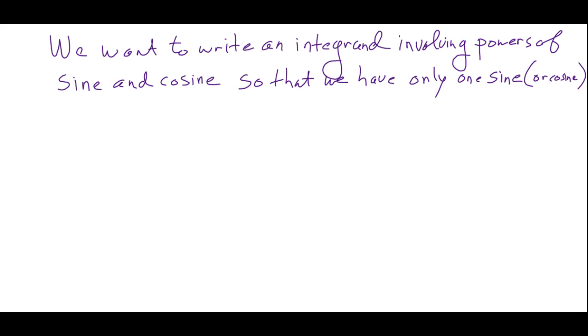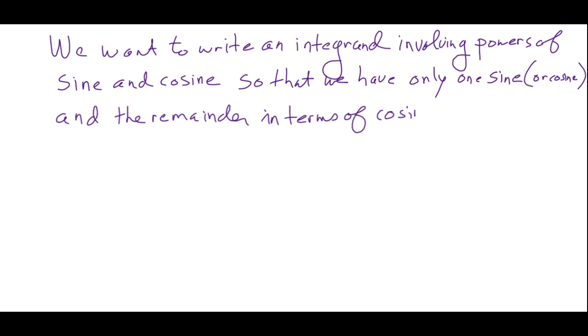Generally, that's going to be the thing with the dx, right? So we have a sine x dx, and then when we do our u substitution, that's going to end up being du. So if we have only one sine, the remainder needs to be in terms of cosine. And if we have cosine, then the remainder needs to be in terms of sine.